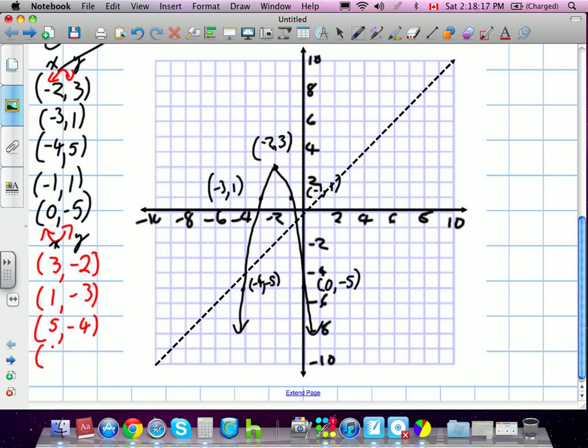So we're going to plot these. 3,-2 is over here as a vertex. 1,-3 is here. 5,-4 is down here.